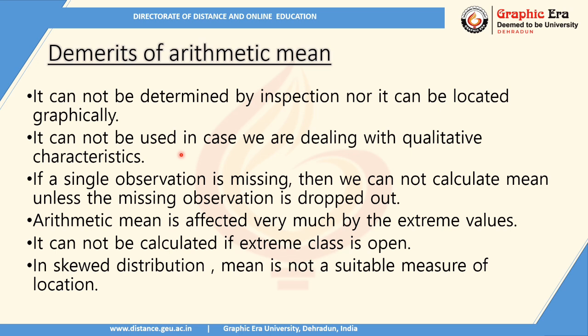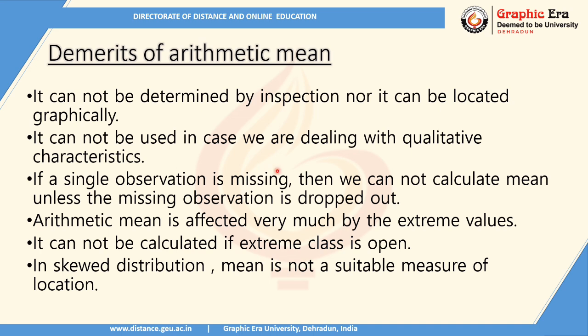For example, this product is very good, this product is bad, that product is good. Some part of this product is very fine, some are average. By these data, we cannot find the arithmetic mean. That is, we cannot make any decision based on this type of data.